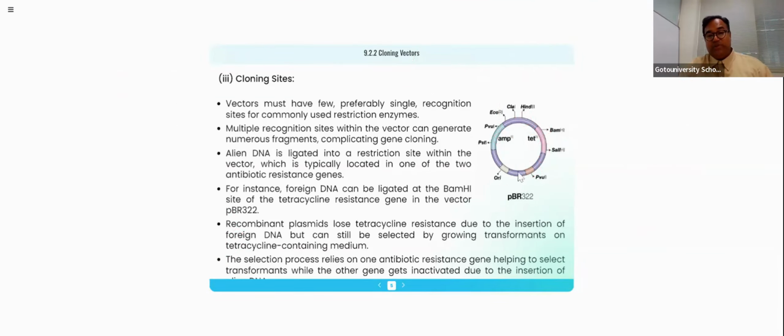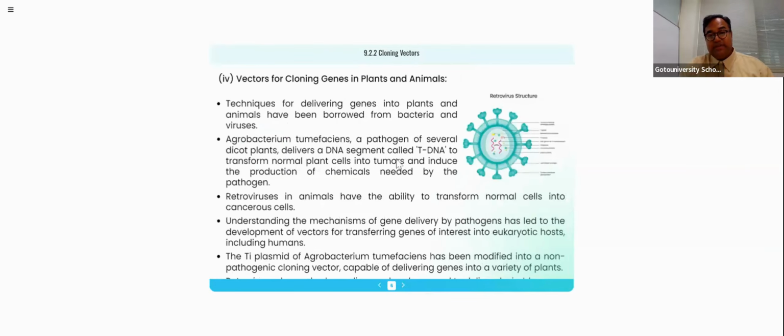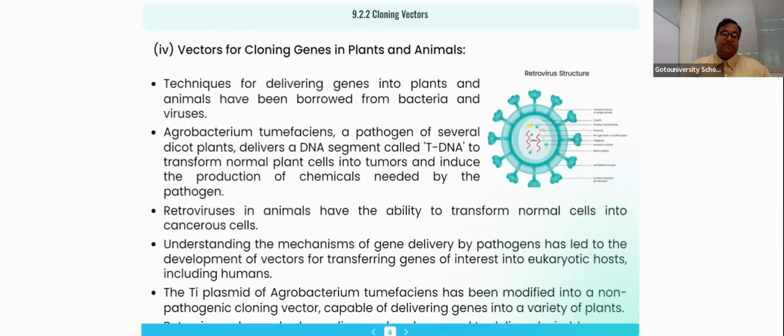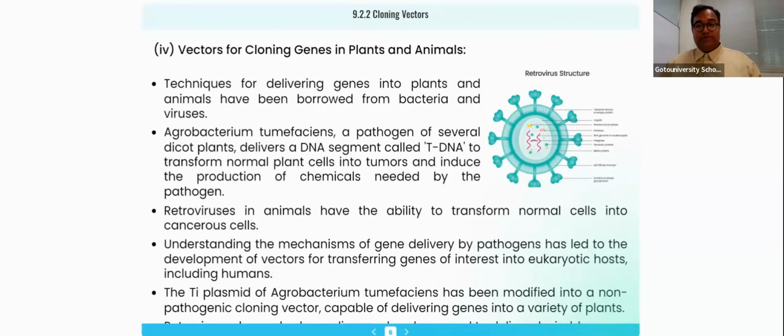Now we are entering the next important concept after cloning: vectors for cloning genes in plants and animals. This is classic information for you all. Sometimes, if I need to introduce a foreign gene into an animal cell, I use a retrovirus.